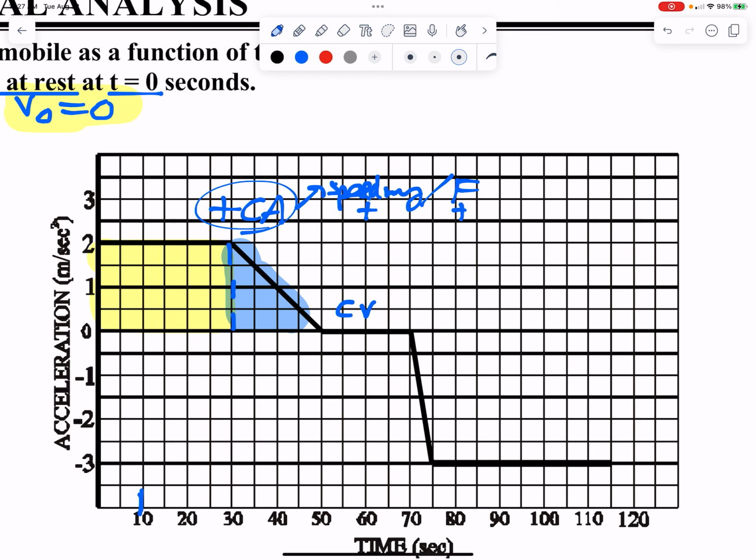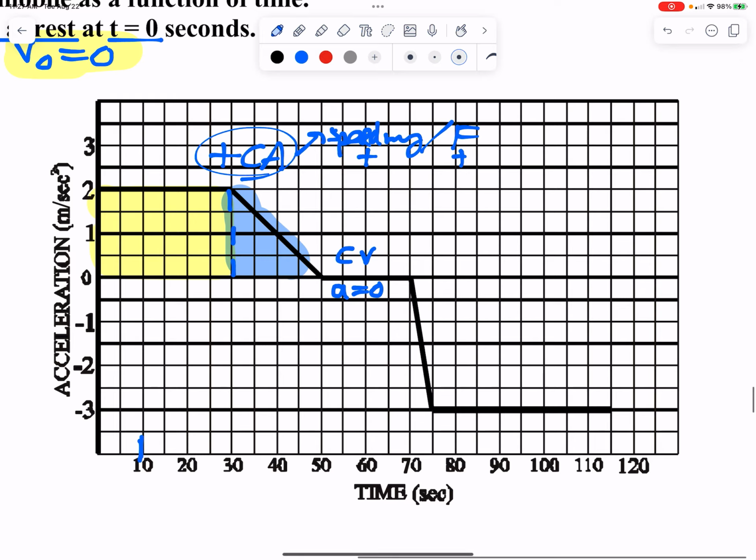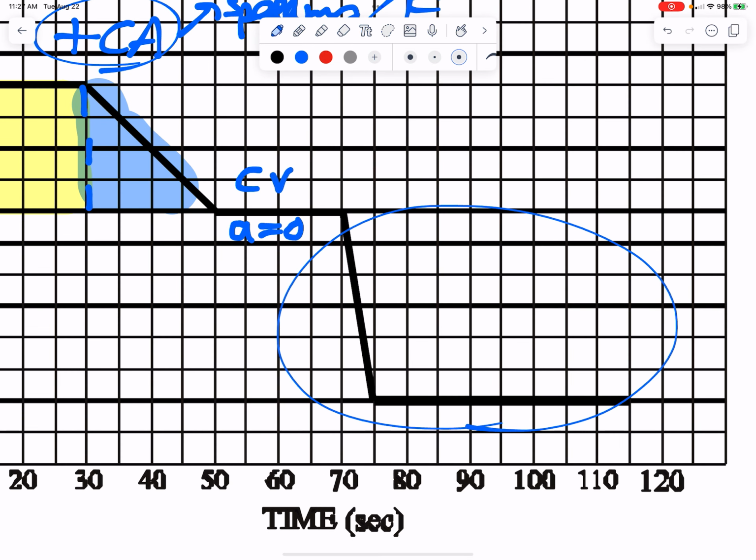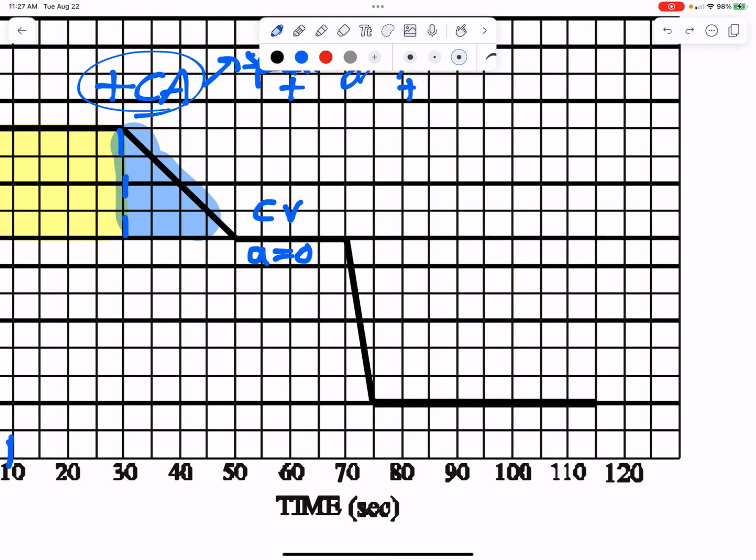Like I said, 0 acceleration means constant velocity, whatever you built up your speed to. And then down here, we have negative constant acceleration. Well, what happened there? Clearly you're going to have a change in velocity, but that could mean a couple of things.